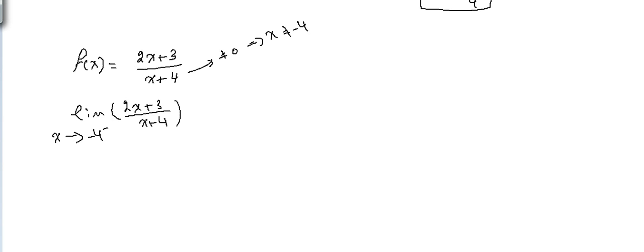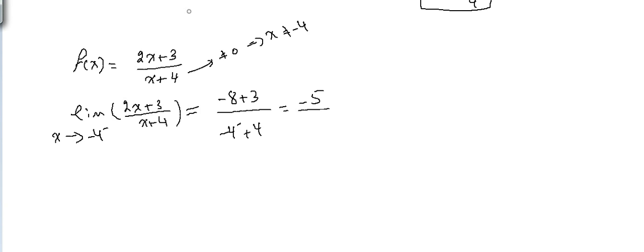Let's see if this is true. For the limit, we substitute negative 4. The numerator will be negative 8 plus 3, over negative 4 minus, plus 4. This gives negative 5 over something, and we should be careful here.